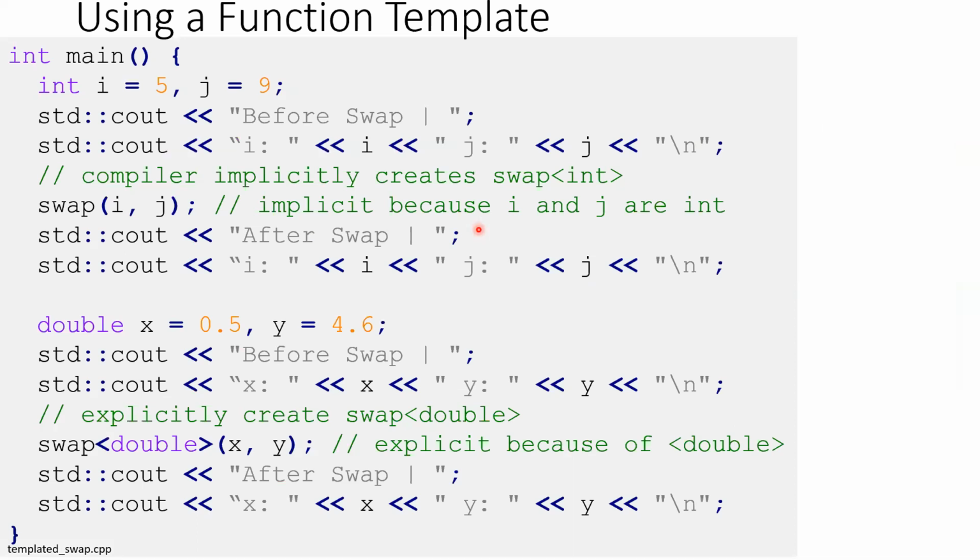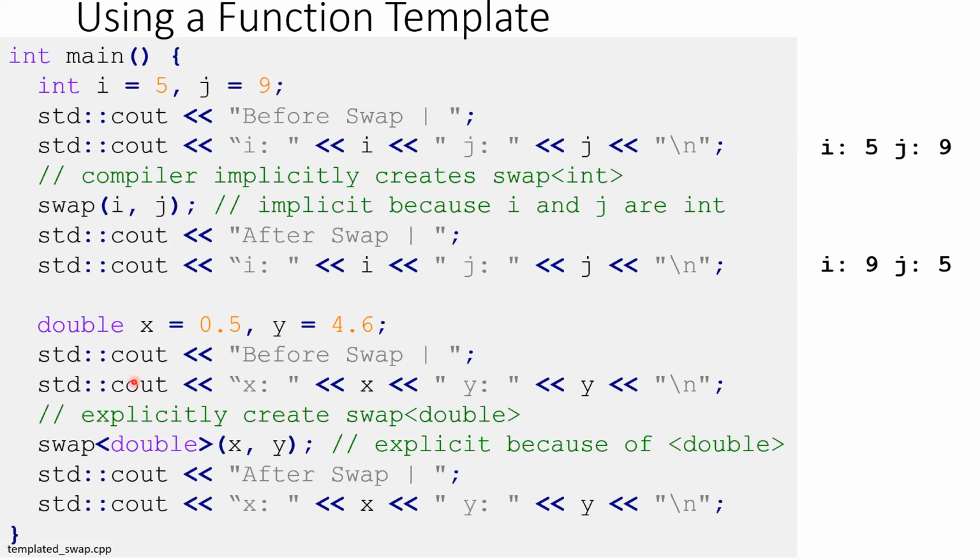How would you use it? This is an example of how you would use it. So first, you have two integers, i and j. The first print statement will print out i equals 5, j equals 9. Then you call swap of i and j. And after that, the print statement will print i equals 9, j equals 5. They are swapped. Same thing for double.